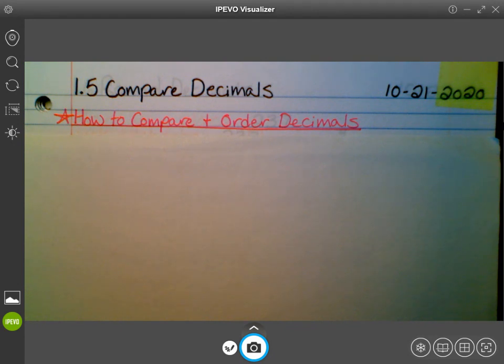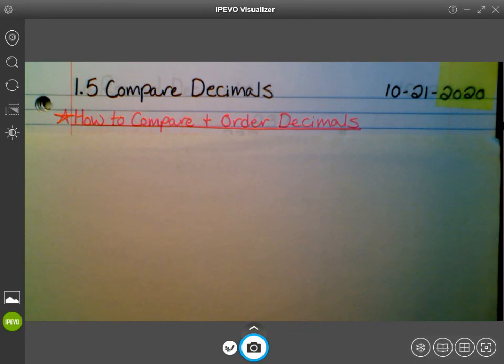Looking at decimals and being able to tell which is larger, which ones are equal or equivalent to each other, and which one's greater than which. So just being able to look at them and use that knowledge. So how to compare and order decimals. The first thing we're going to do is go step by step on how we determine, if we have two numbers that are really similar, which one's larger than the other.